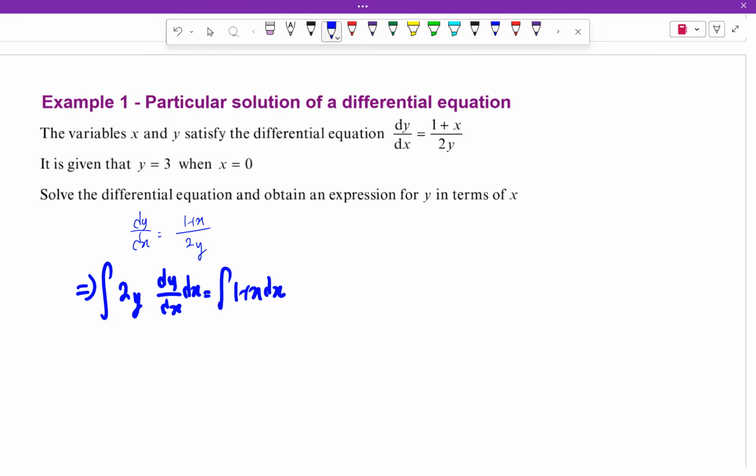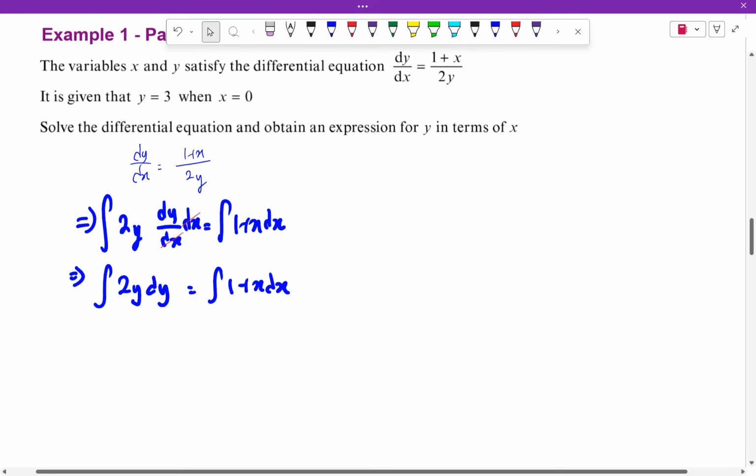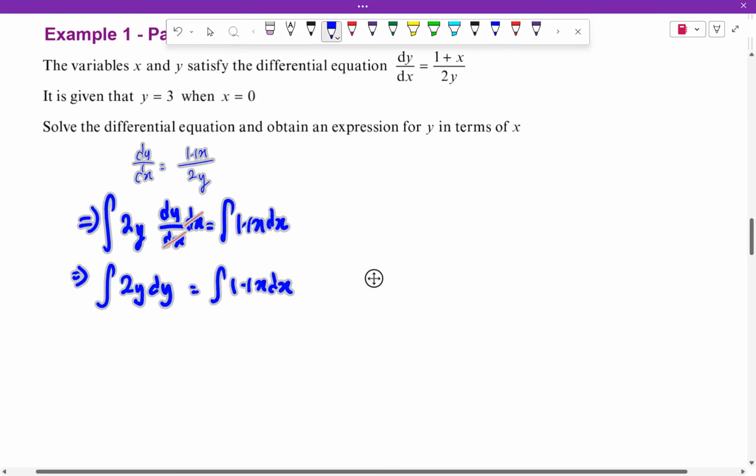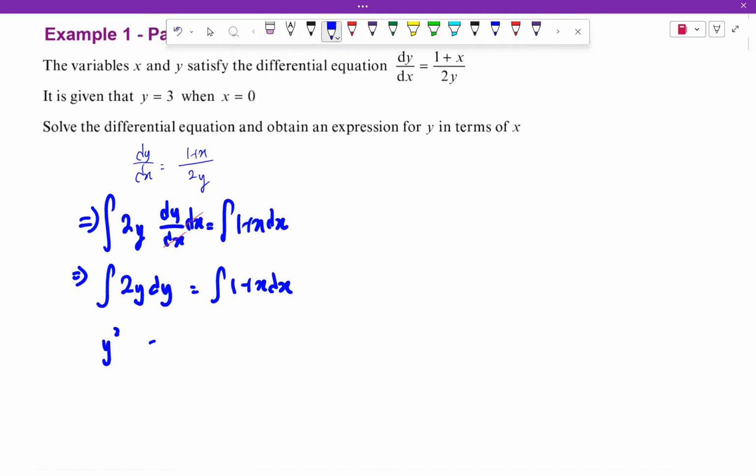So in this case, this 2 cancels out, and that results into 2y dy equals to integral of 1 plus x dx. Hence, after we integrate, we will get y square plus a, or you can just skip all the way to x plus x square over 2 plus c, because plus c is equals to b minus a or a minus b. It depends on how you want to define it.